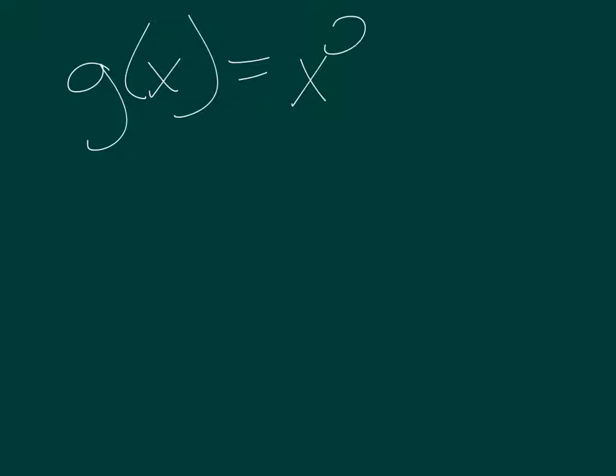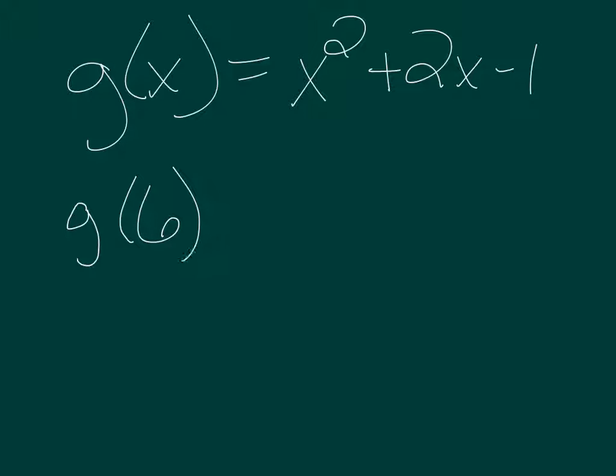Let's try another example. Let's do g of x equals x squared plus 2x minus 1. So instead of f of x this time we have g of x, which means the same thing. Let's solve this equation for g of 6. We do the exact same thing.